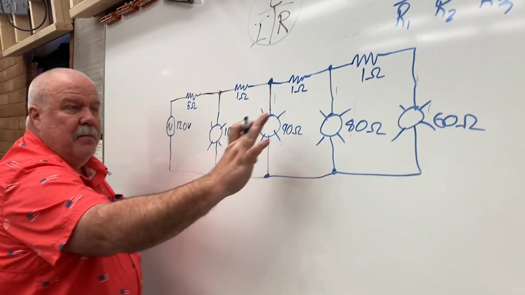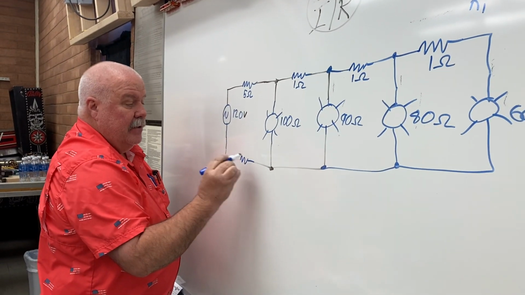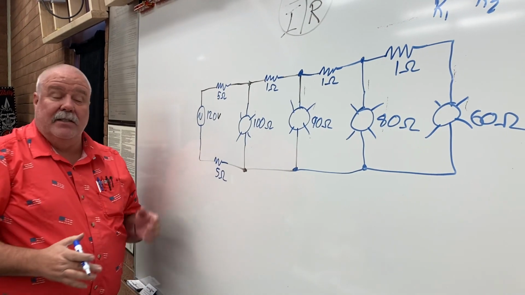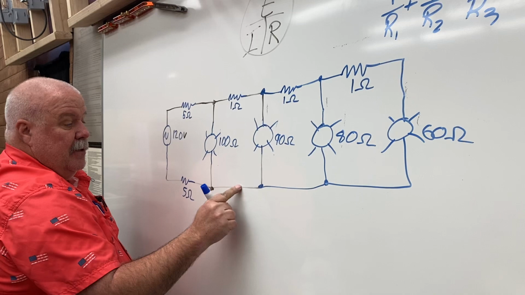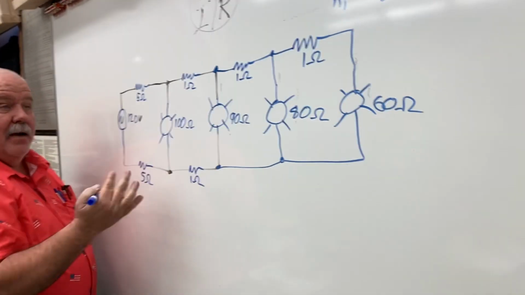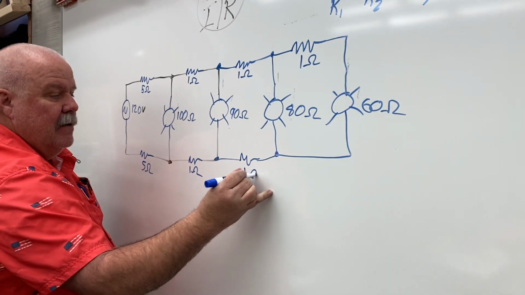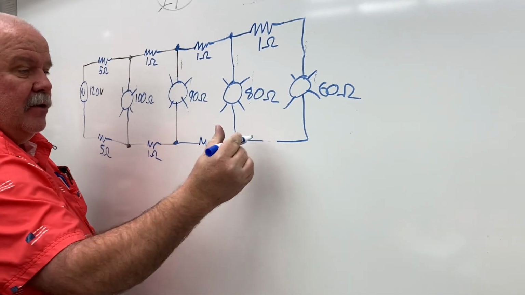These are all wired up in parallel, but I'm going to have to add another resistance for here. It's 5 ohms, because I'll have 5 ohms of resistance in the hot wire and the neutral wire. 1 ohm resistance in between the two of these and the wire coming back, 1 ohm of resistance in between the two of these, and that's an ugly resistor, and the wire coming back, and another one in this.